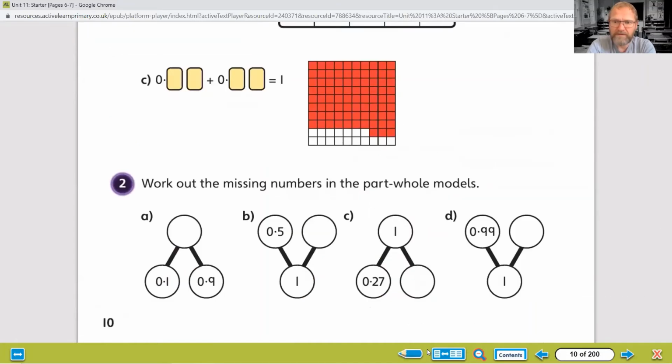Now this one's slightly more complicated because we're going into our hundredths, and this time our tenths are going horizontal. So 1, 2, 3, 4, 5, 6, 7, 8 tenths.